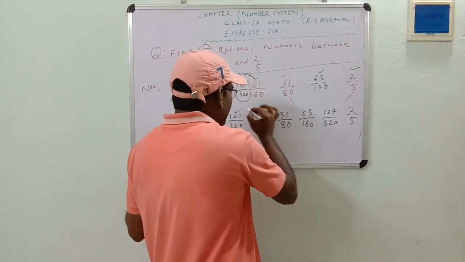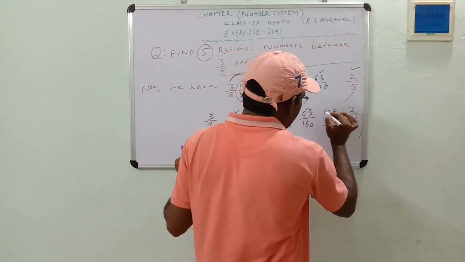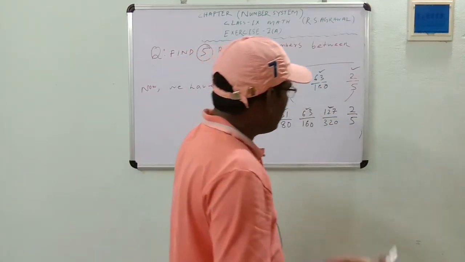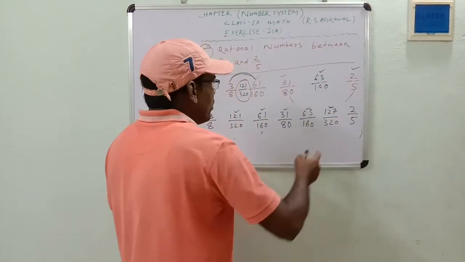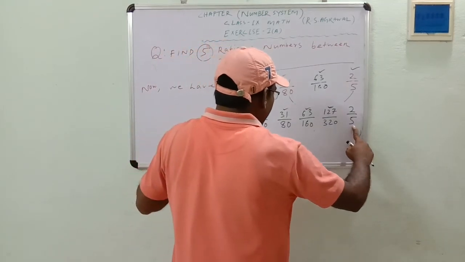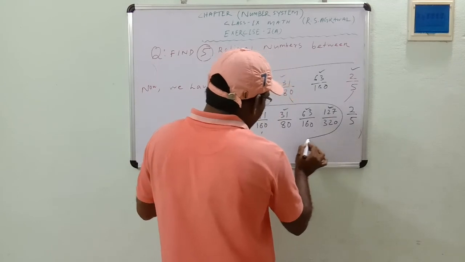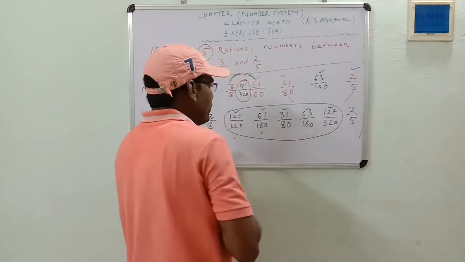So these 5 rational numbers are the required rational numbers that you want to find between these two given rational numbers.